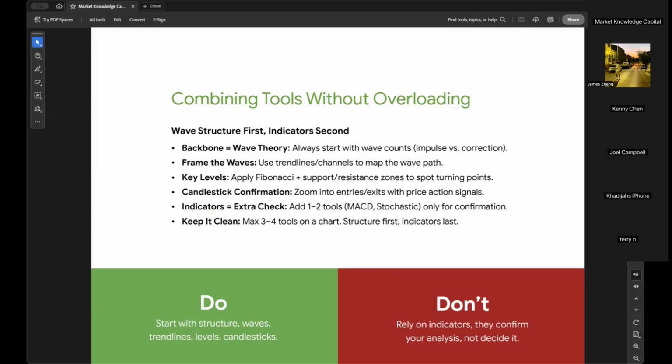So always identify your key levels. Always combine your Fibonacci retracement tool with your wave theory and your trend lines. Always make sure you've got your key areas of support and resistance so you can get even more confirmation when it comes to identifying your reversals or your optimal points of entry. And always look at your candlestick formations as well.